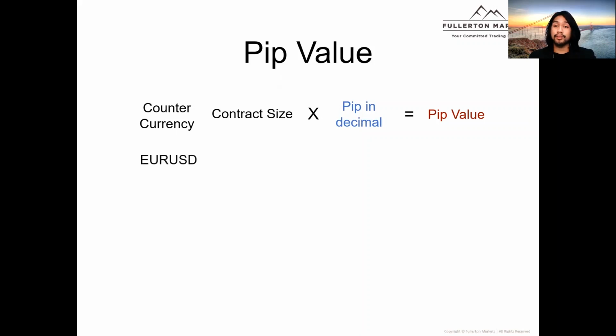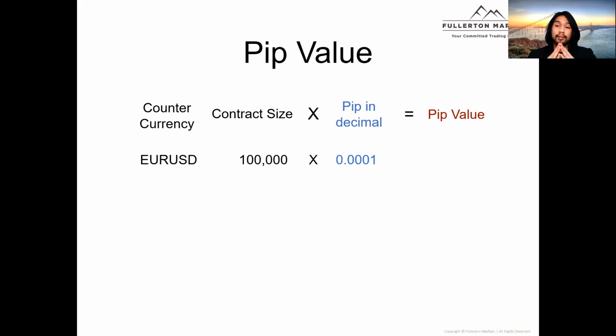So let's use an example. Let's use the euro dollar. The contract size is 100,000, or roughly 1 lot. Now we multiply this by the pip in decimal, or in other words, where the decimal is in the currency pair or in the price of the currency. Here's a keynote.